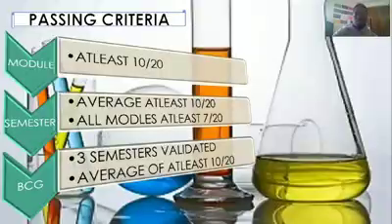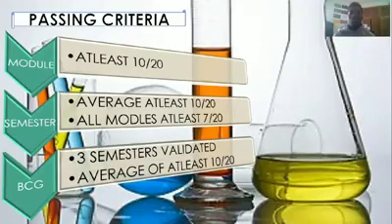Okay. Now, how do you pass a module, a semester, or how do you validate BCG? So I'm going to talk now about the passing criteria. Mostly for you to validate a module, you need at least 10 out of 20.